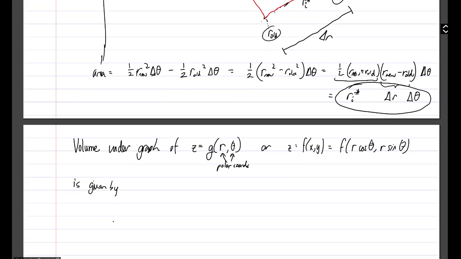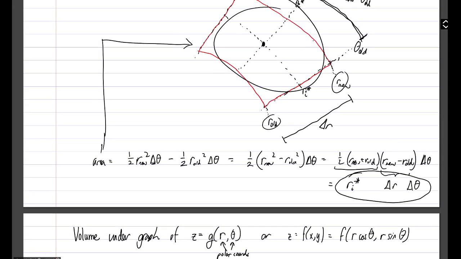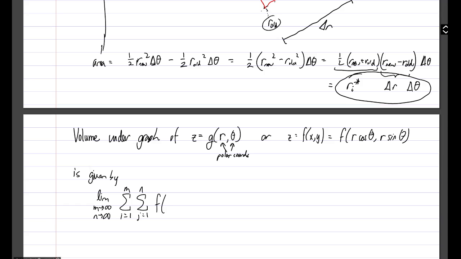Now this double limit is going to look a little funny, but it's going to be the limit as m approaches infinity, limit as n approaches infinity, of the sum i goes from 1 to m, sum j goes from 1 to n of f of, so we're going to pick up these values here, but just sample at specific little patch pieces that look like this, f of r sub i star cosine of theta sub j star, comma r sub i star sine of theta sub j star.